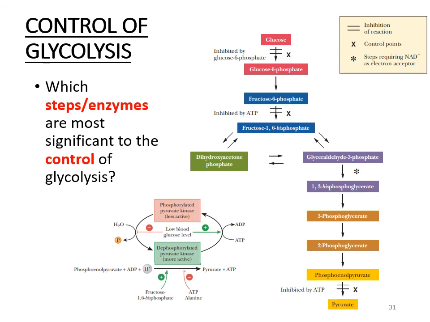Now, I want to point out, in addition to stopping or controlling glycolysis at the level of the various enzymes and through the presence of their particular products, you can also control glycolysis by the amount of the starting reactant that you need. So by the amount of glucose, specifically the blood glucose level.